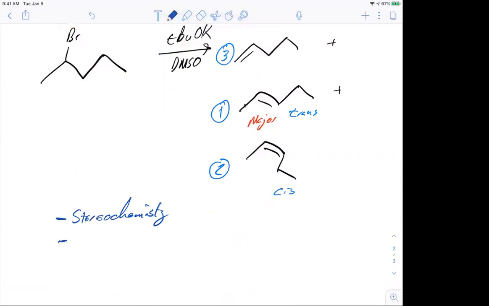And then two, you're going to look at the stability of the product, which of course in eliminations means the alkene. With E1, stereochemistry doesn't matter, but you should always start there. So whether it's E1 or E2, you start with, is there any stereospecific control that's going to limit the number of beta hydrogens that'll be abstracted. And then from there, you look at stability of the products, the alkene.